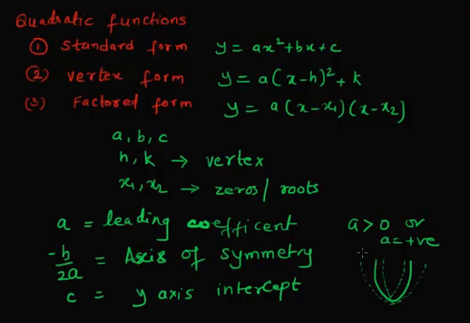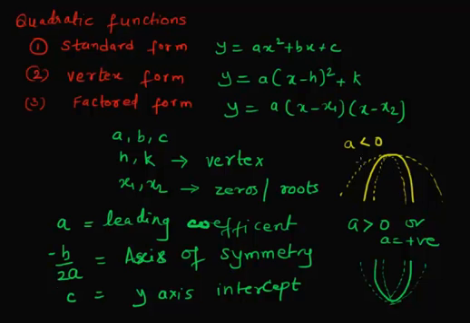Similarly, if the value of a is negative, less than 0, then we get the quadratic function which is open downwards, which exists in this form. If the value of a is negative, say minus 10, we get the broader graph corresponding to that. Similarly, if a is say minus 1 by 10, we get the... I made a mistake.